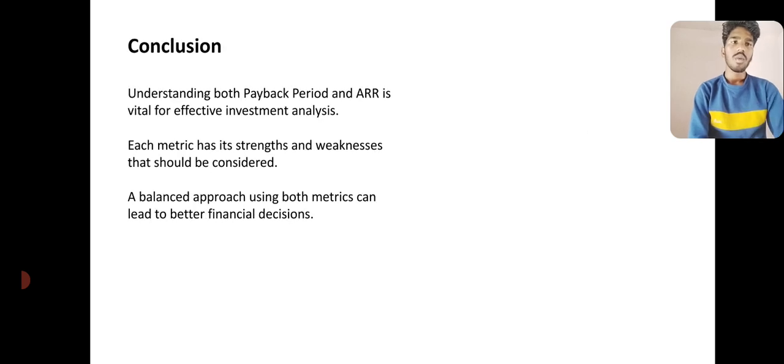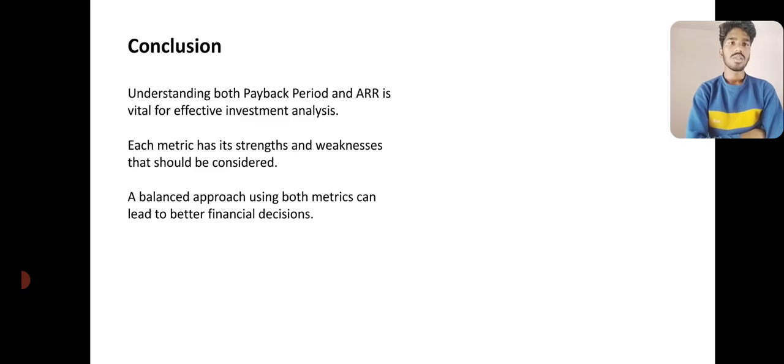Finally, I conclude that understanding both payback and accounting rate of return is vital in industry to run it comfortably and make profit using these techniques. Each metric has strengths and weaknesses, and you have to know how to use these techniques while manufacturing products.